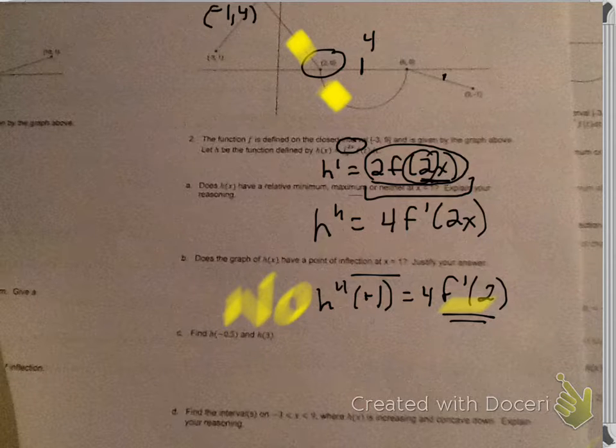And then it's finding h of -0.5 and h of 3.